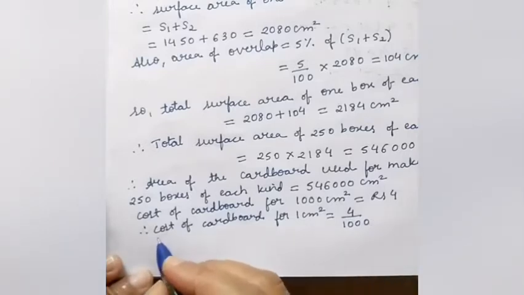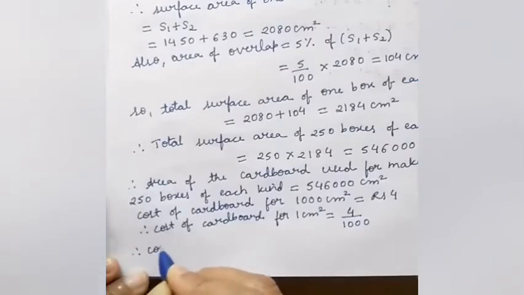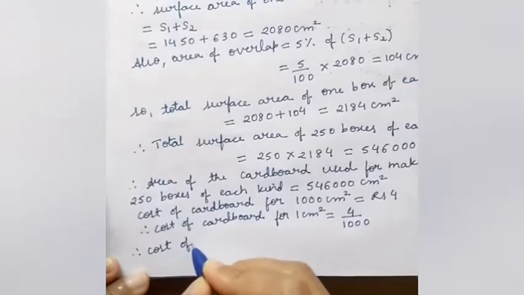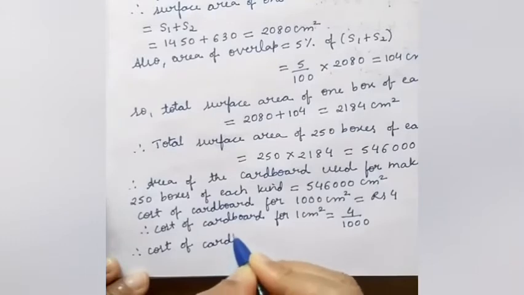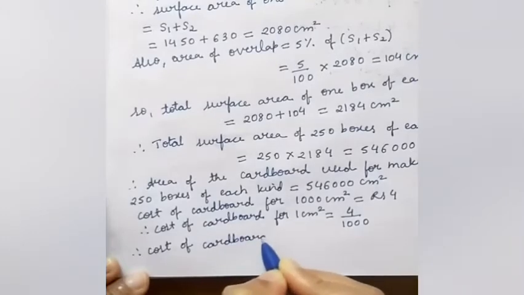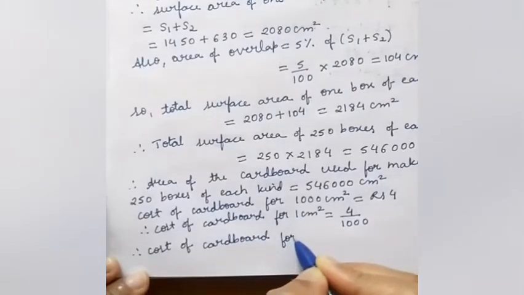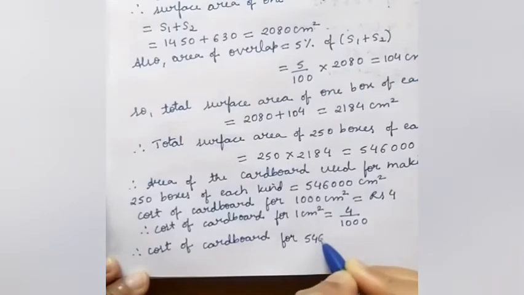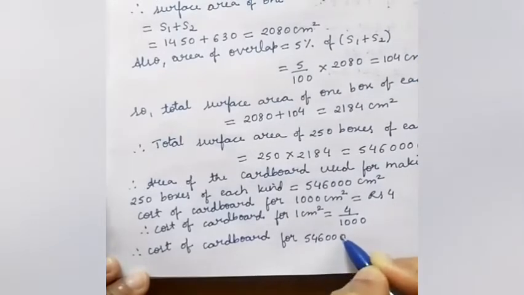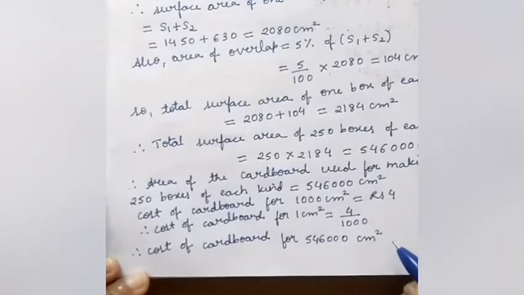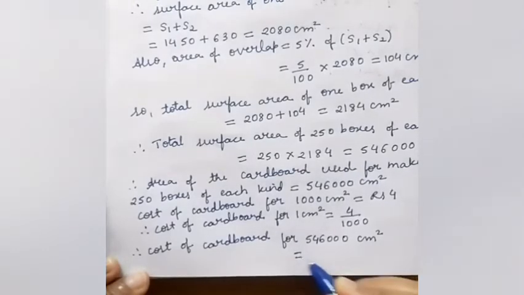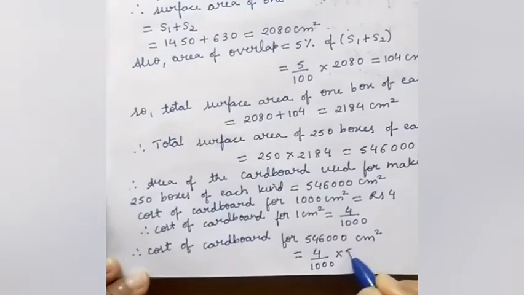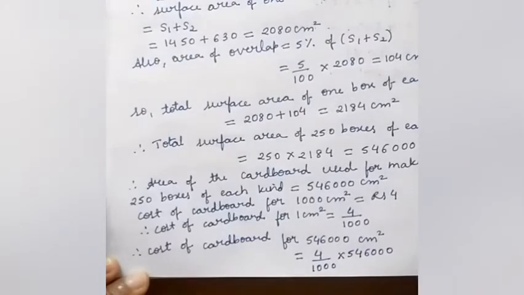Therefore, the cost of cardboard for 5,46,000 centimeter square is equal to 4 divided by 1000 into 5,46,000.